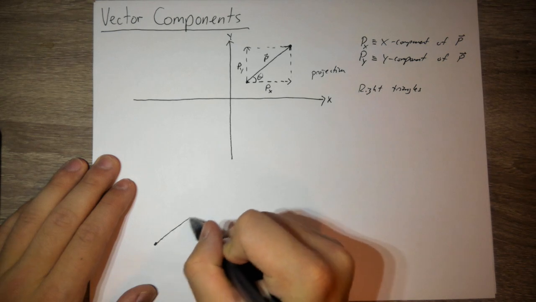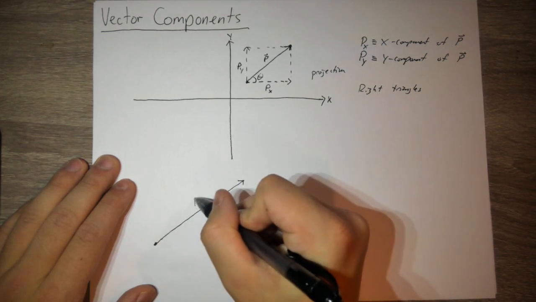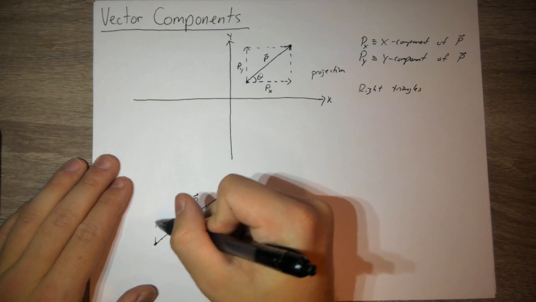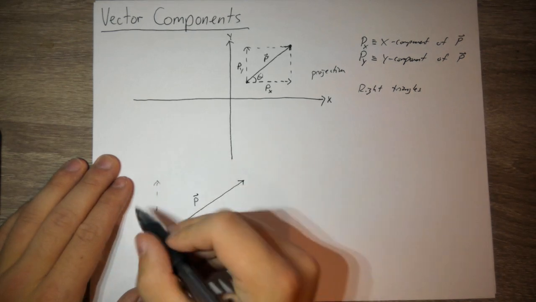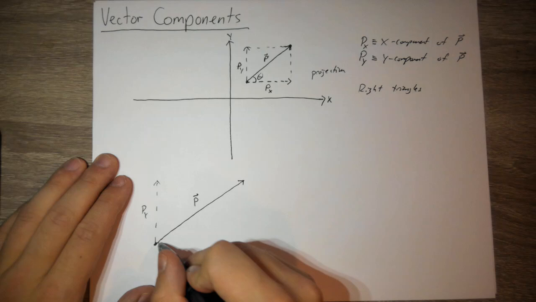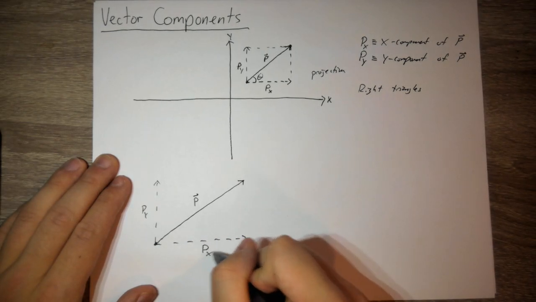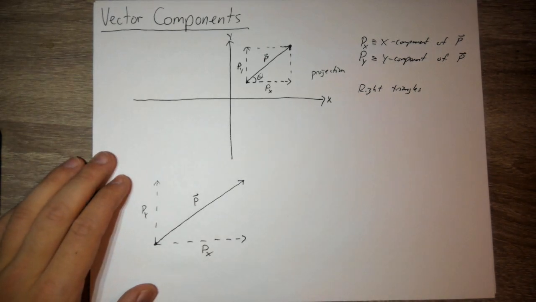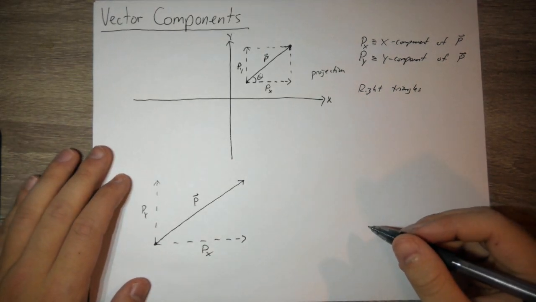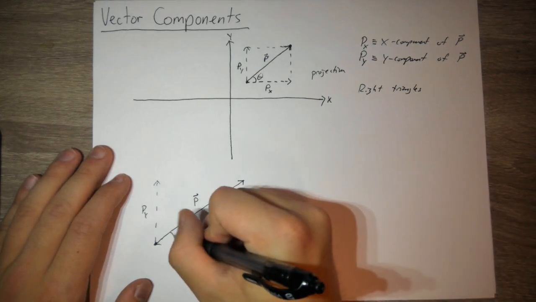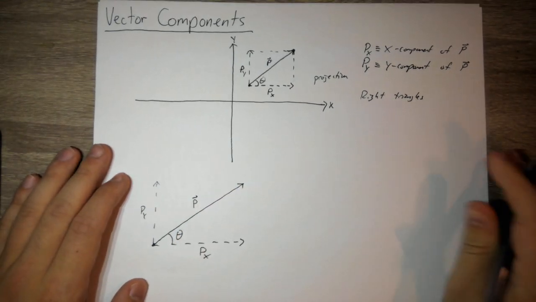I'm going to draw this out bigger. So we have some vector p, and then we've got a y component and an x component. So let's start building some equations here. And we've got an angle here too, theta.